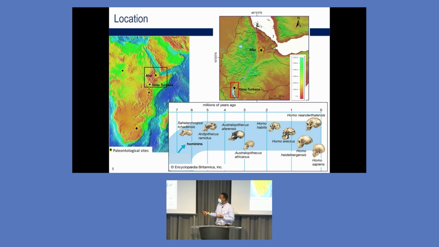Except for these, you can find the other fossil hominid fossils only in this region: Ethiopia, Kenya, and Tanzania. That's why this area is very interesting in terms of human evolution studies and paleoenvironment analysis, so we can understand the past and predict what's going to happen in the future.